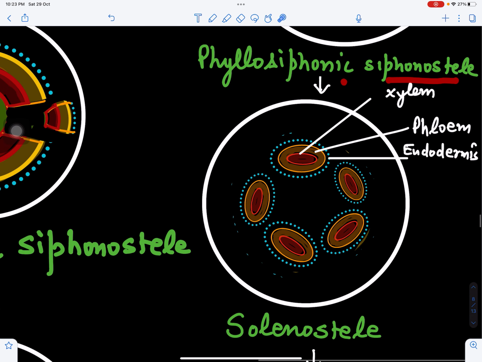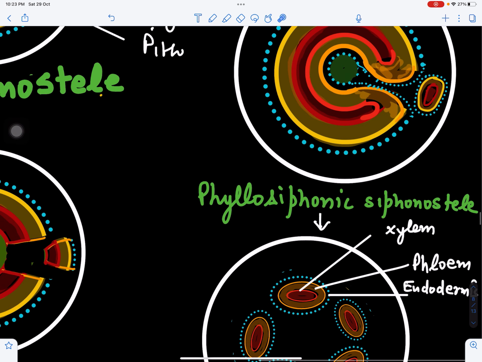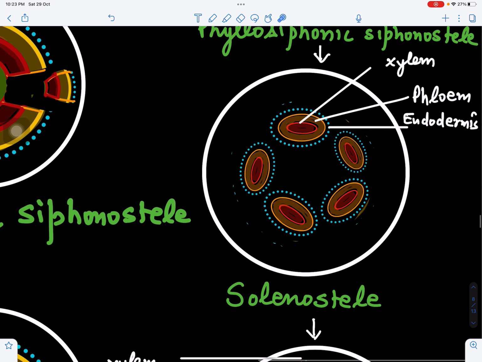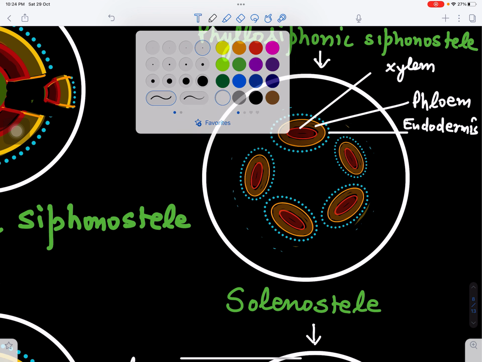But if there are many leaf gaps, but they are scattered, not overlapping, now this will be dissected at certain places like this. So small pieces of steles are produced. So we can see this is one piece, this is another piece, and this is also called as meristele.